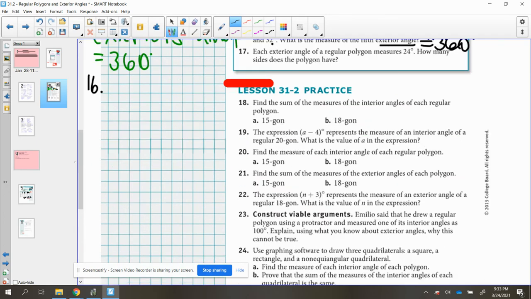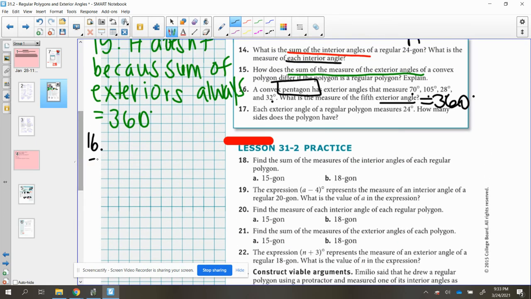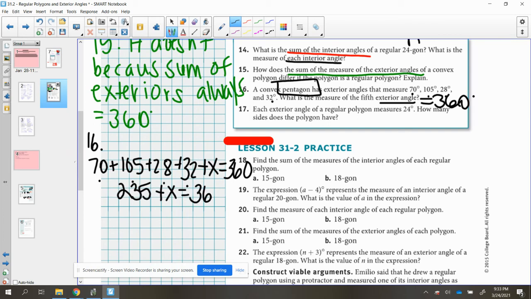So we're going to take those 4 that they're giving us, 70, 105, 28, and 32, and we know that that 5th angle will also be added to that, and altogether all 5 have to equal 360 degrees. So if we combine these, 70 plus 105 plus 28 plus 32, we get 235 degrees. And if we subtract those away from 360, our last remaining angle will have to be 125 degrees.